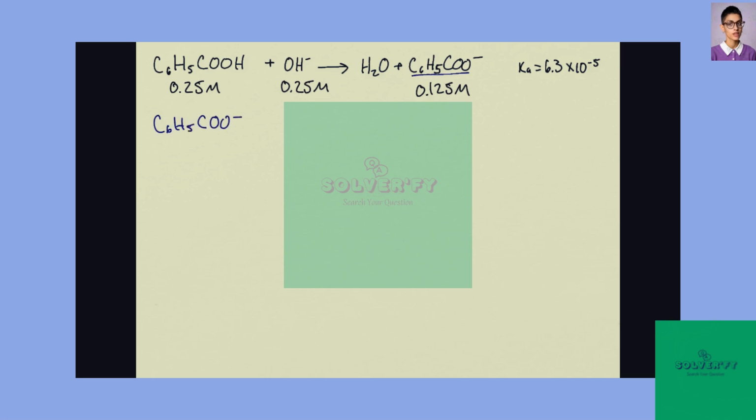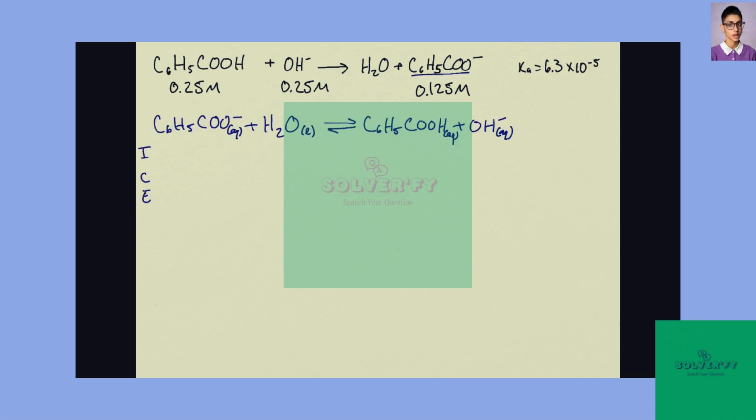C6H5COO minus will react with the water in the solution to form C6H5COOH and OH minus. And here we can look at an ice table.